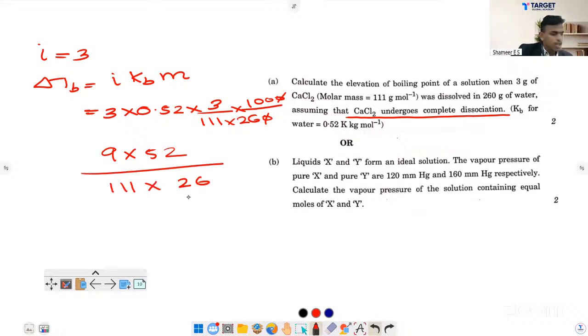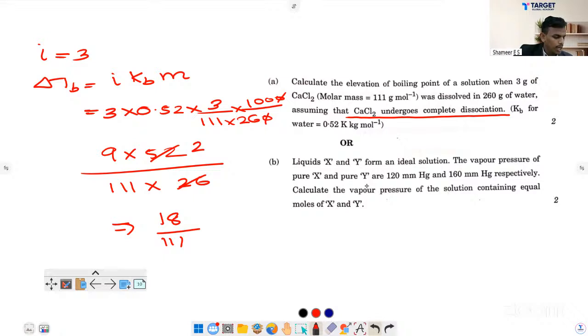Now 26 and 52 we can cancel and we can write 2. So the answer will be like 18 divided by 111.